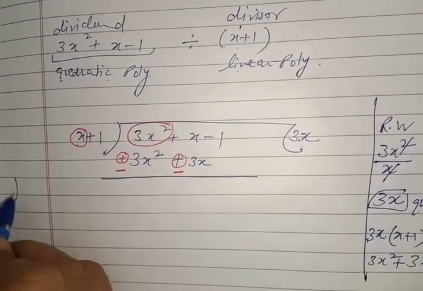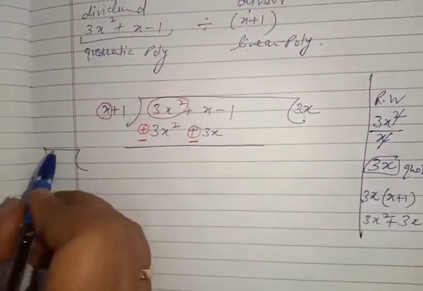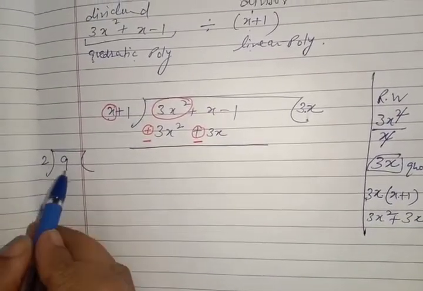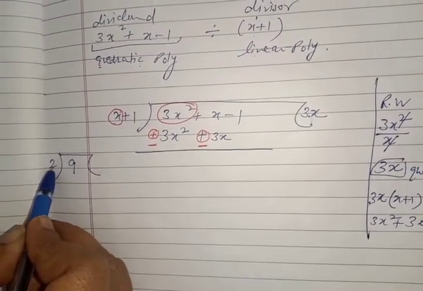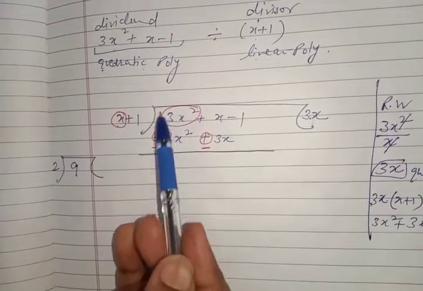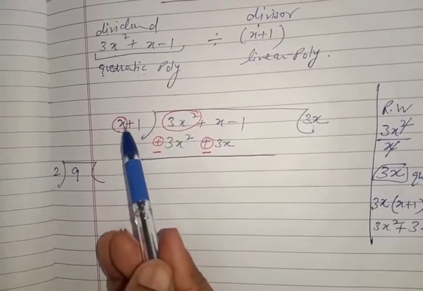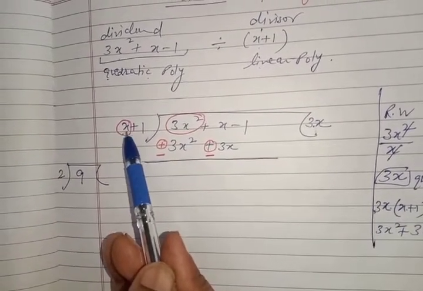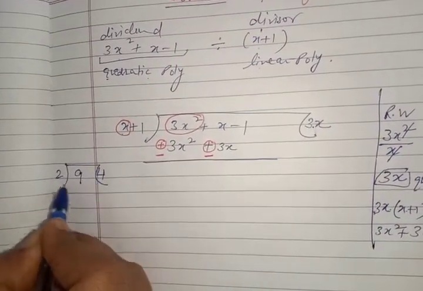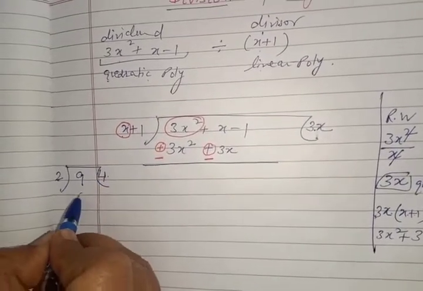And why we will subtract? If you remember, you have done, or I can say you know how to divide a number. If you divide this by 2, this is greater, this is smaller. Just like this, here is degree 2, here is degree 1. So this is a big polynomial, this is a smaller polynomial. When we are dividing these two, we first find out the quotient, like 2, 4, and then we multiply. 2 multiply 4 is 8.